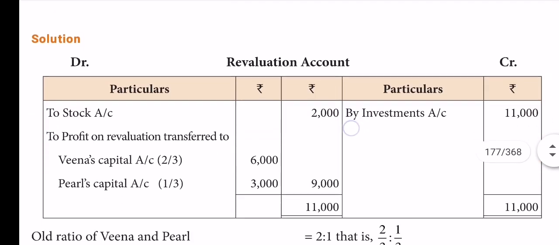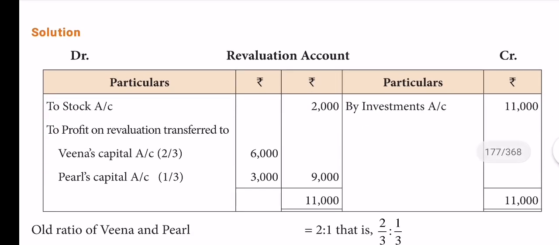Then let me open the revaluation account first. As we already pointed out, there is one profit item and one loss item. Stock alone depreciated 20%. On 10,000, 20% is 2,000, posted on the debit side. Then the investment value brought into the books is 11,000. That's all.